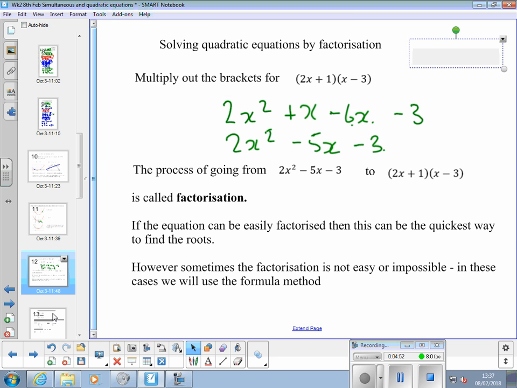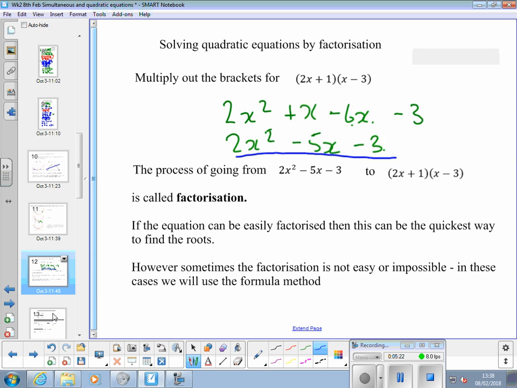So, the process of going from what we've just got from multiplying out the brackets, through the reverse process of going from that to the two bracketed terms, is called factorization. If we're going to solve the quadratic equation by factorization, we need to know how to do that process.